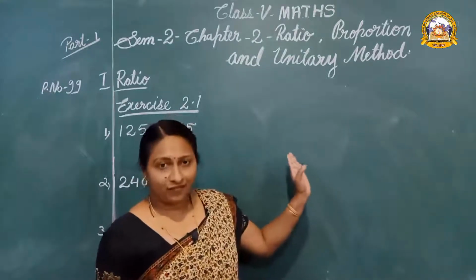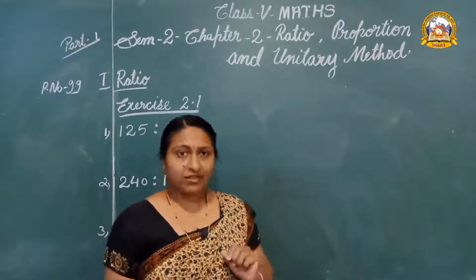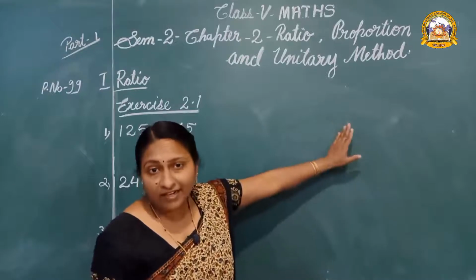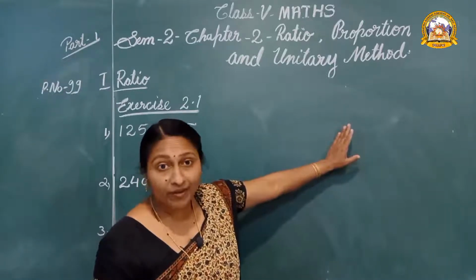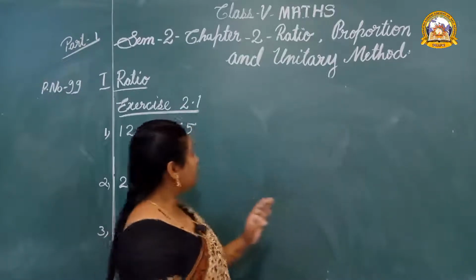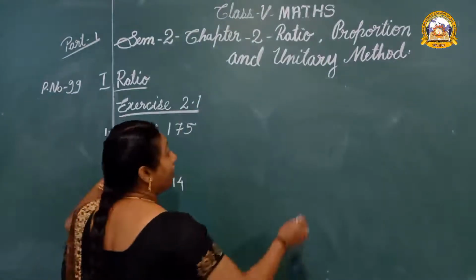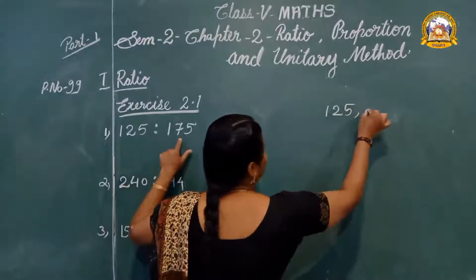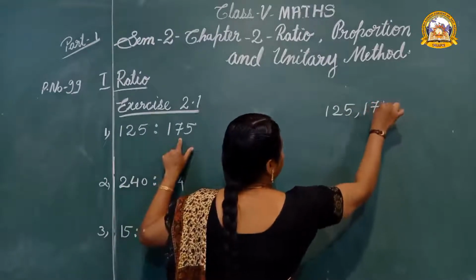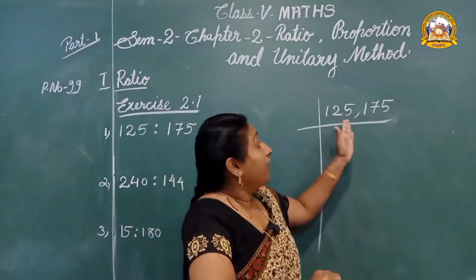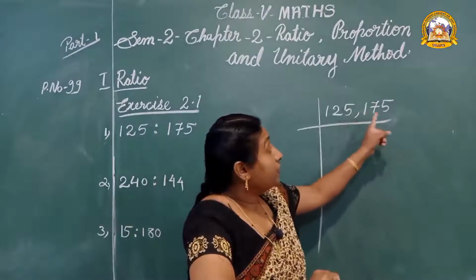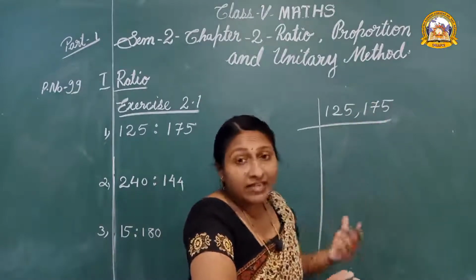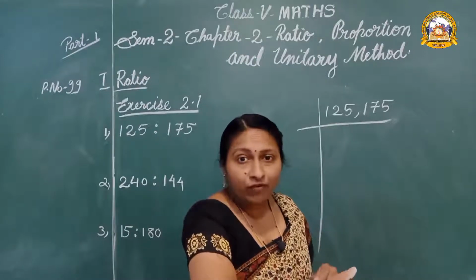Let us find the lowest term or simplest form by dividing by the common factors. Okay, which are the numbers? 125 and 175. At first sight, we can see they are the multiples of 5. What is the specialty of the multiples of 5?